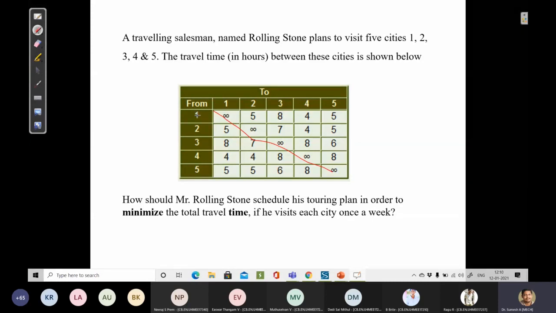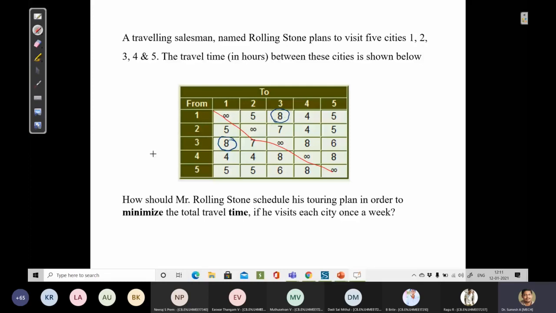Okay. So the question here is that the traveling times in hours between these cities are shown. How should Mr. Rolling Stone schedule his touring plan in order to minimize the total travel time if he visits each city once a week? Okay. So this is the question.